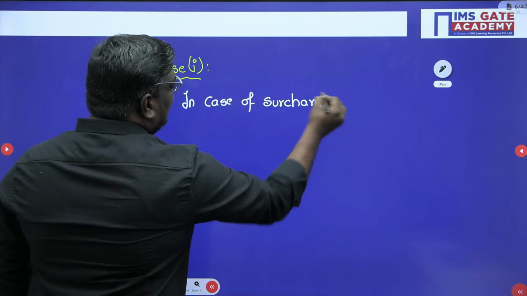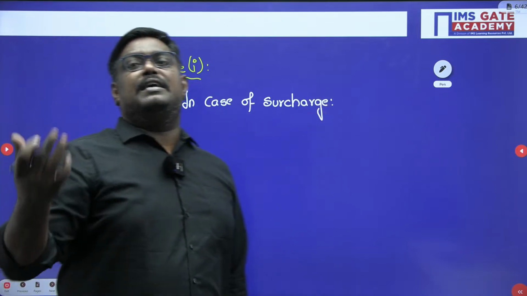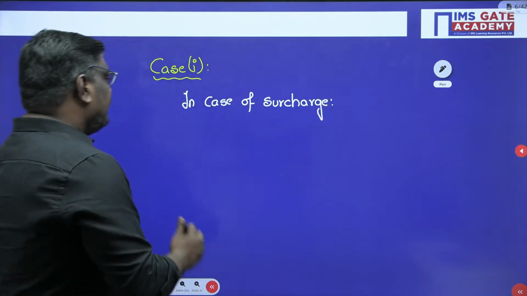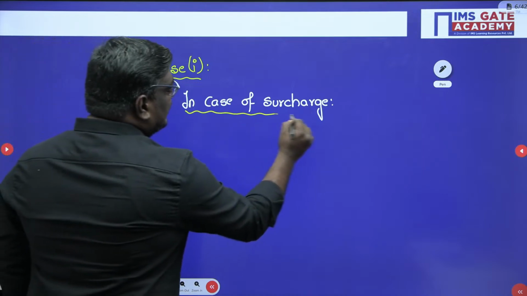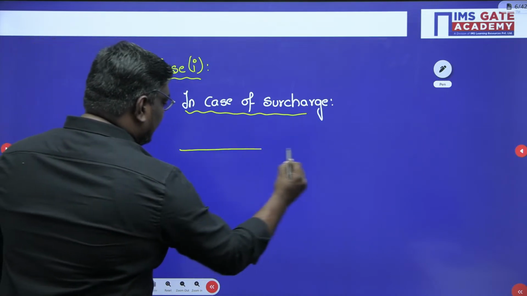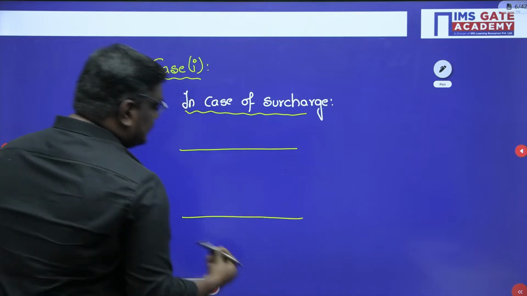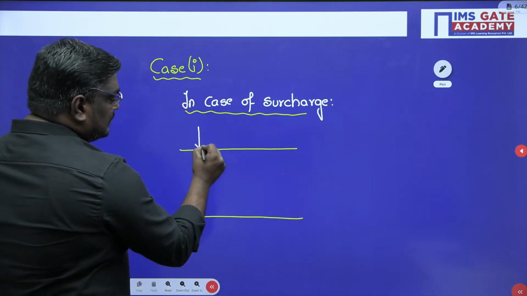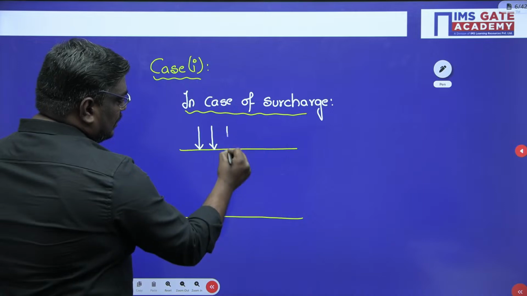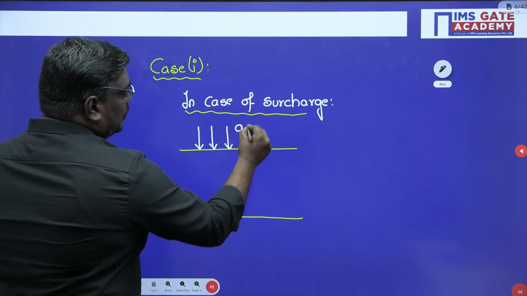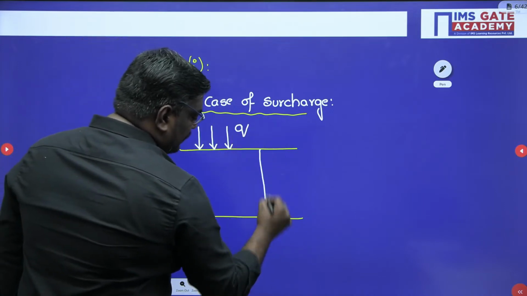A building on top of a soil can be a surcharge, right? So here in the diagram, in case of surcharge, suppose I have considered a soil like this, and I have a surcharge loading Q here. How will the stress distribution be?